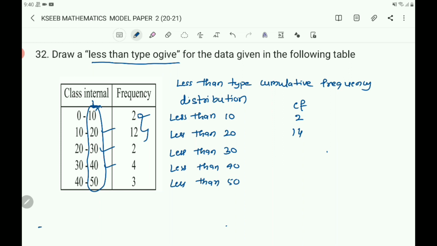Next again less than 30 means again we have to add 2, 14 plus 2, 16. Again 16 plus 2, you write, that is how much? 16 plus 4 is 20, then 20 plus 3, 23.